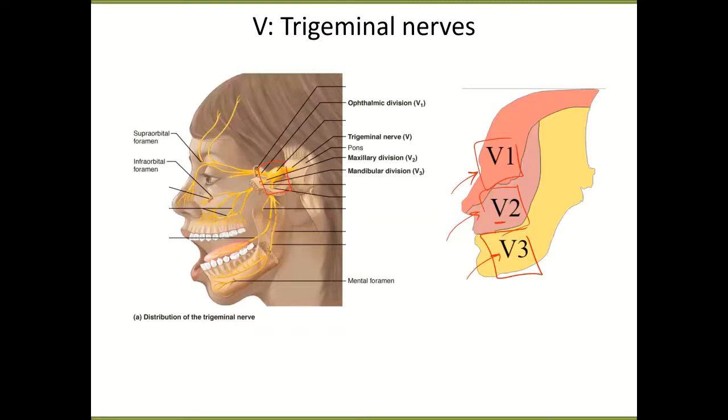You just have to know that there are 3 of them. And you also have to know approximately where they go. So V1, or the first branch, innervates or supplies information from the nose all the way up to the forehead. V2 supplies information from the maxilla, and then V3 supplies information from the mandible all the way up the sides of the face.